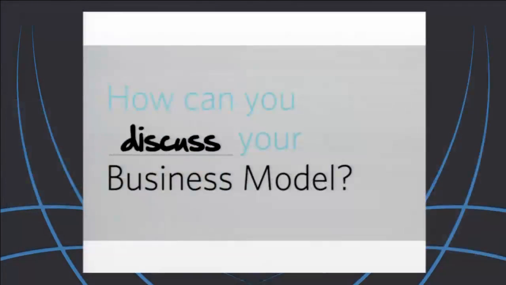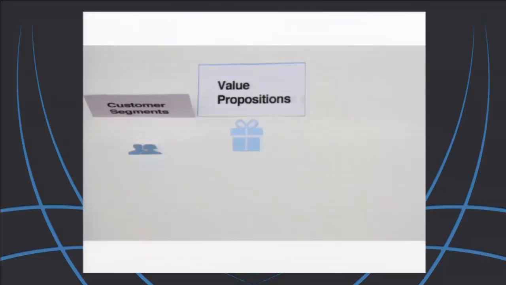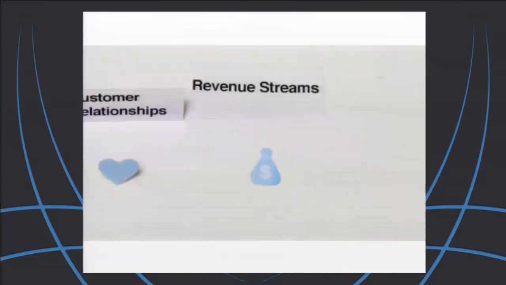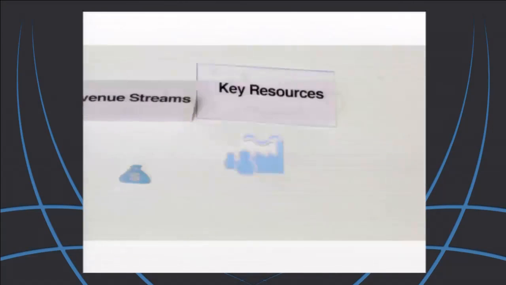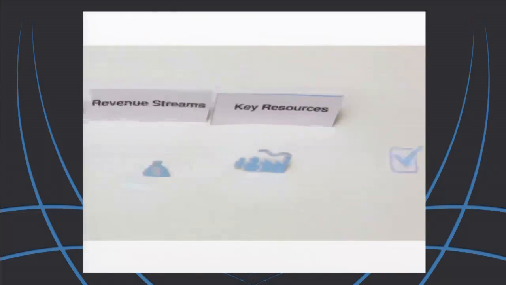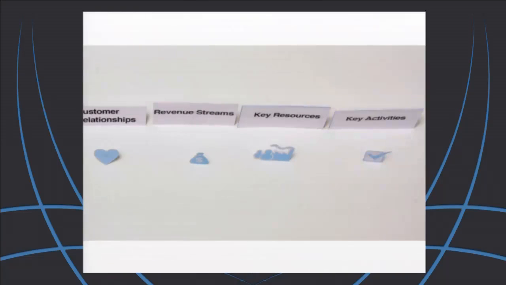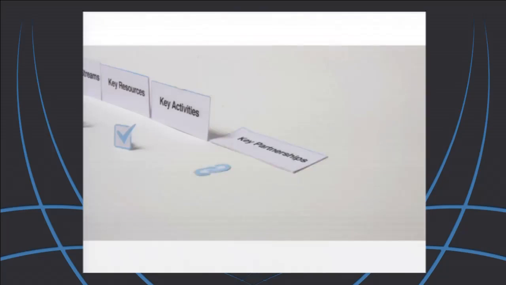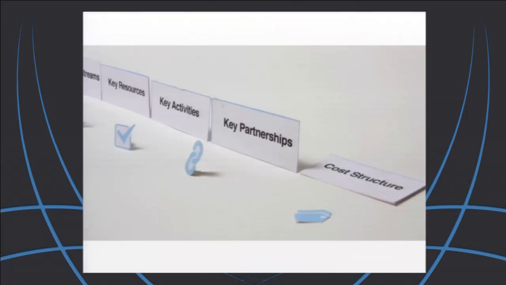An organization's business model can be described with 9 basic building blocks: your customer segment, your value proposition for each segment, the channels to reach customers, customer relationships you establish, the revenue streams you generate, the key resources and key activities you require to create value, the key partners, and the cost structure of the business model.